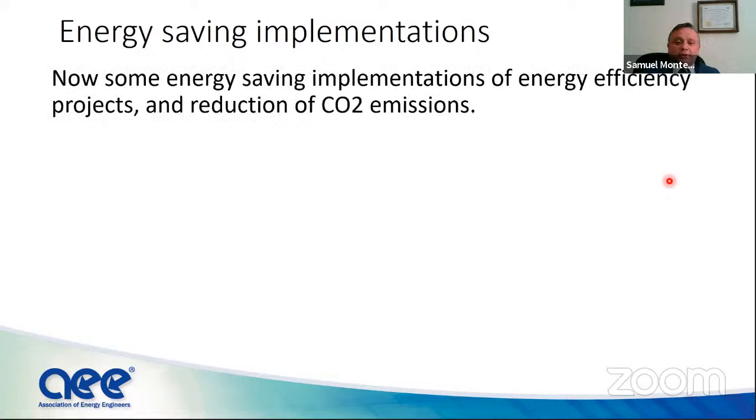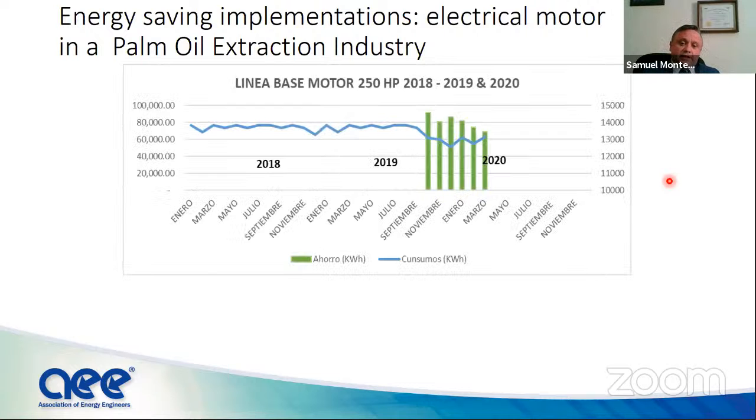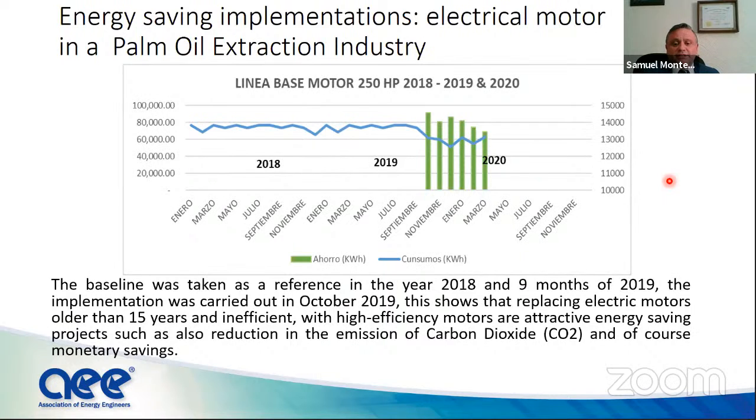Okay, now some energy saving implementation of energy efficiency projects and reduction of CO2 emissions. Change of electrical motor in a palm oil extraction industry. If you look, the baseline was taken as reference in 2018 and 9 months of 2019. The implementation was carried out in October 2019.